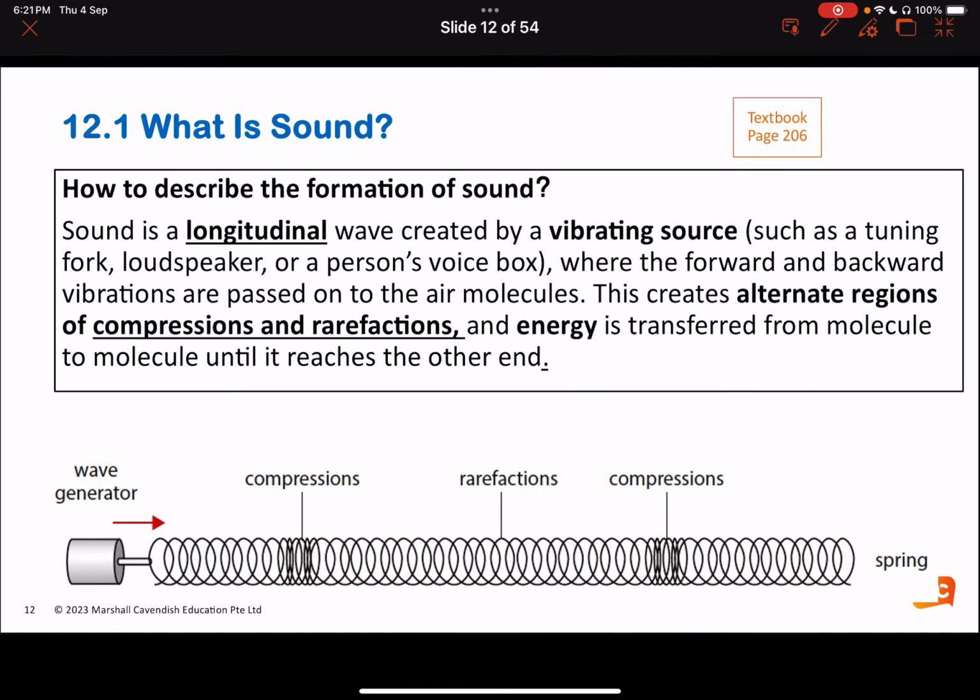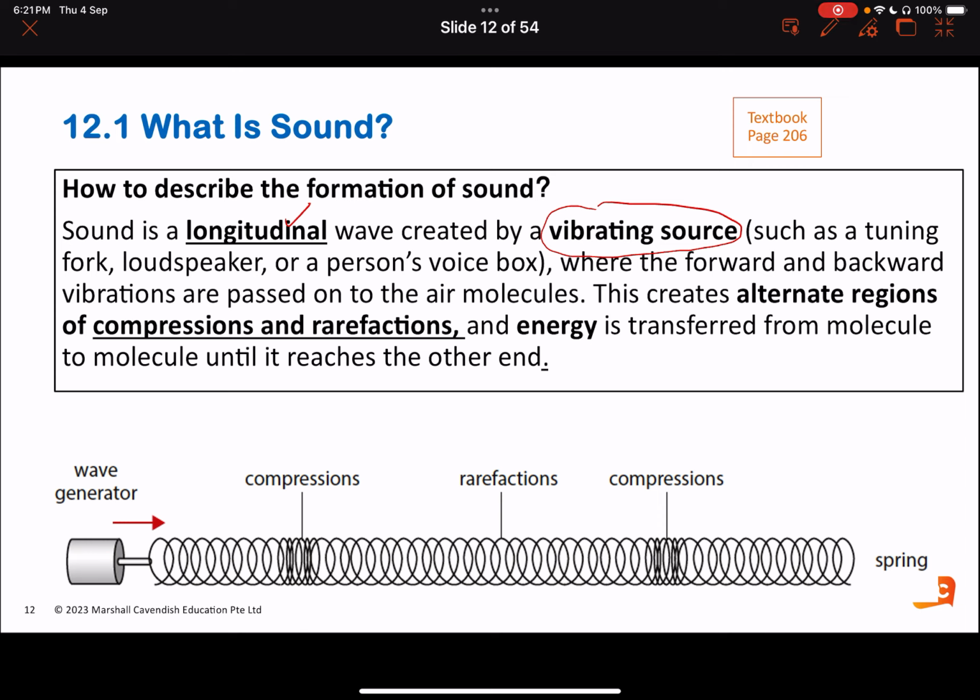Now, when it comes to describing, the question might ask you how this wave is generated, or how sound travels from one point to the other. What we need to mention, first of all, is that there is a longitudinal wave caused by whatever the vibrating source may be. It may be a tuning fork based on the question. It may be a slinky coil, oh sorry, that's the medium.